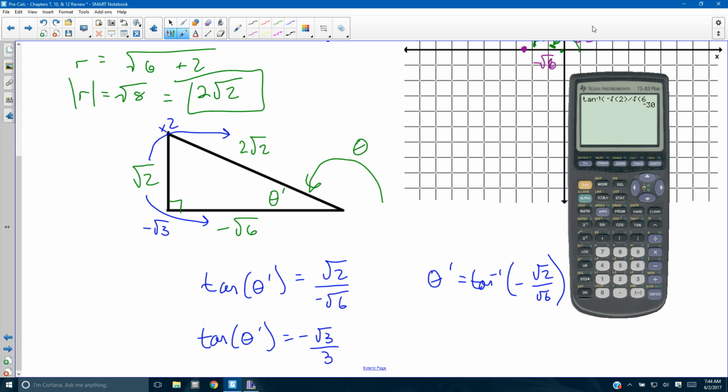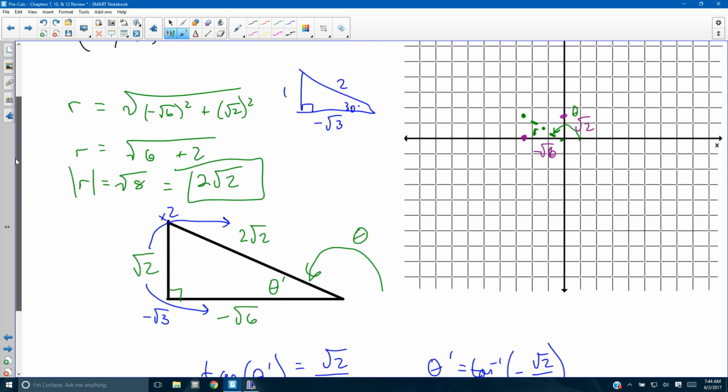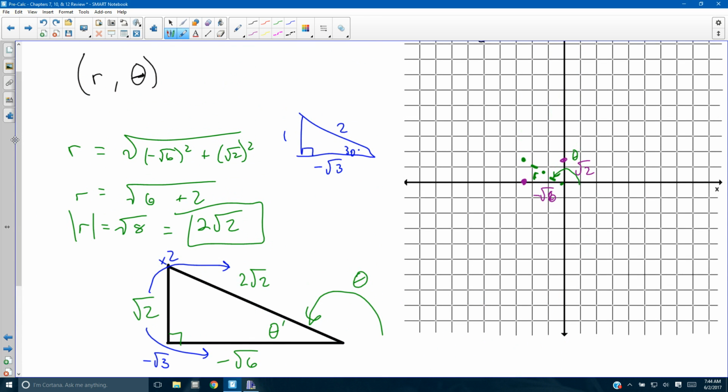Now, negative 30 is just going 30 from 180, because inverse tangent on your calculator only knows between negative 90 and positive 90. So we're just going to have to work with knowing what the reference angle is referencing, literally. This is a 30-degree angle here.